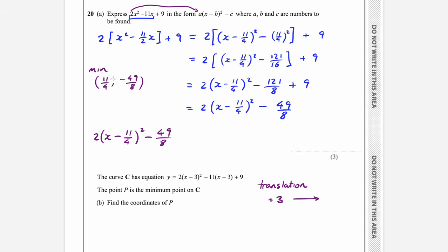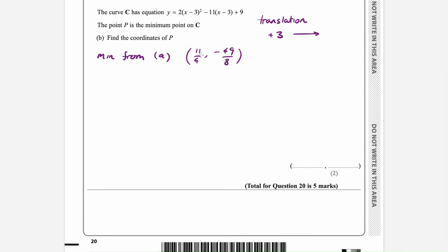Now this guy's minimum is 11 over 4 and minus 49 over 8. Okay, let's just write min from part A is 11 over 4, comma, minus 49 over 8. Now we're just going to move this right 3.